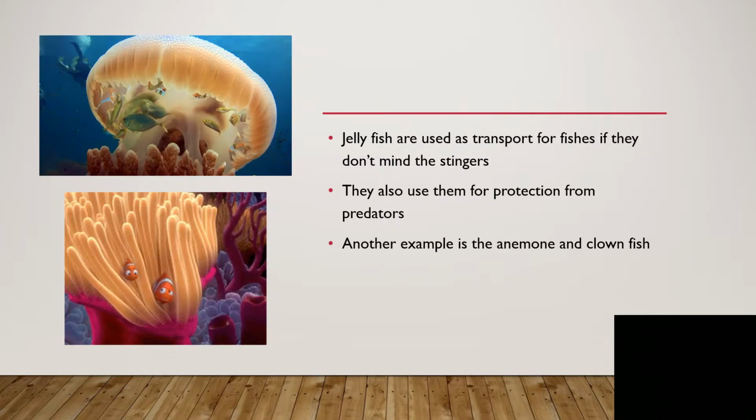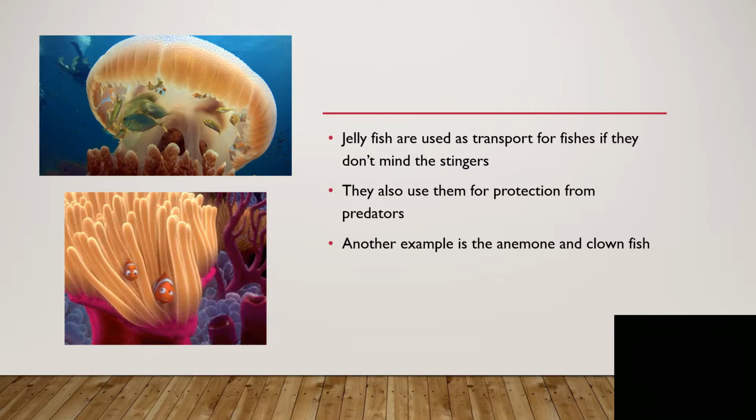And then another example of commensalism is the jellyfish. They are used as transport for fishes, so for protection and transport, and the jellyfishes in turn use them as bait to catch food.